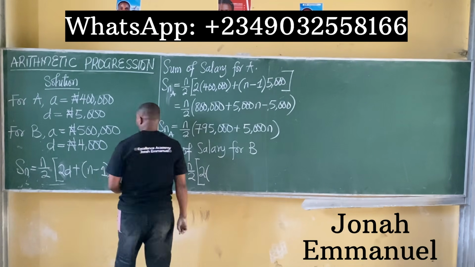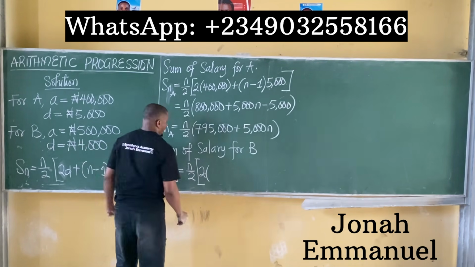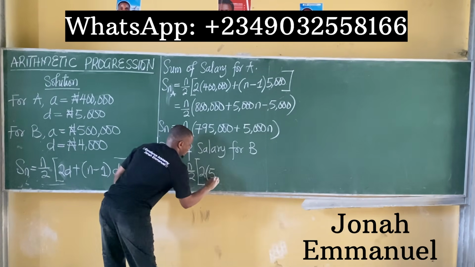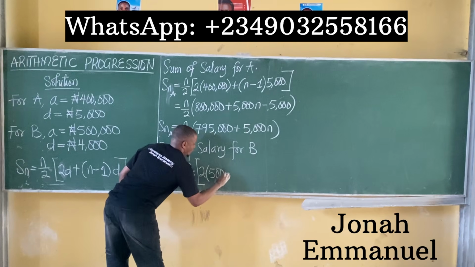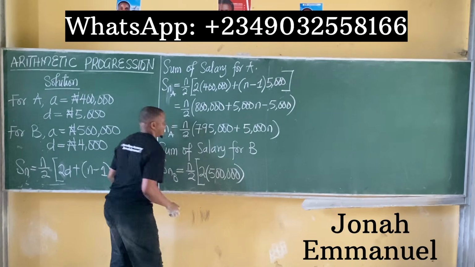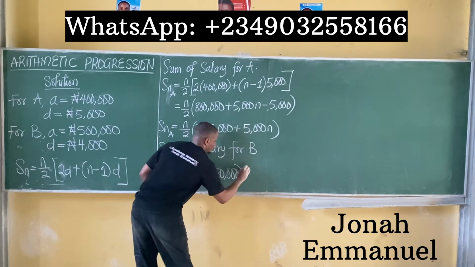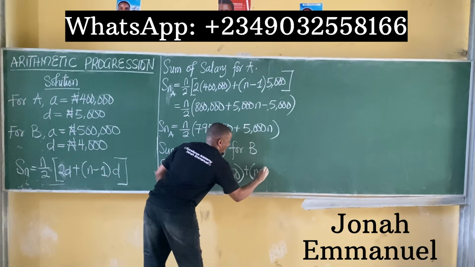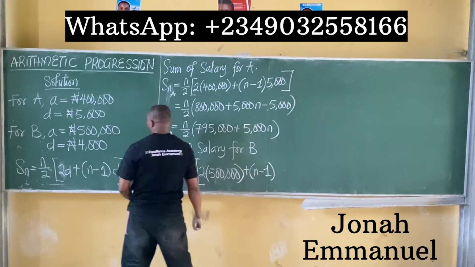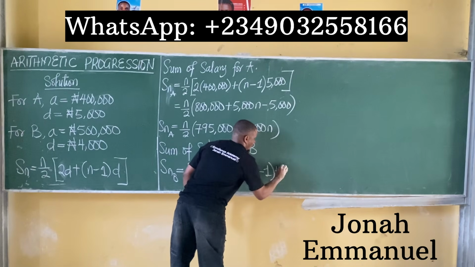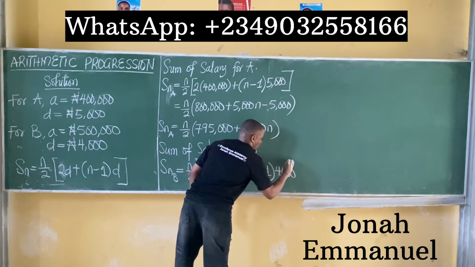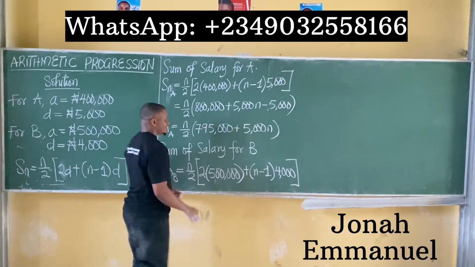For man B, a is 500,000, so 2 times 500,000, plus n minus 1 into d. For B, d is 4,000, so into 4,000. All right, so we have this.